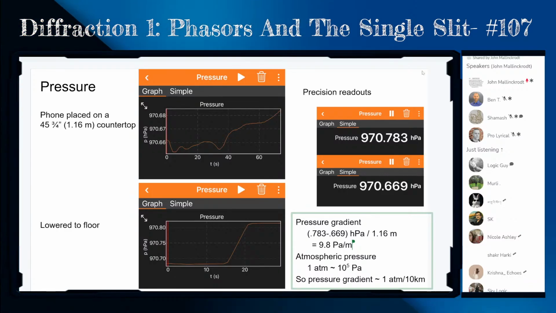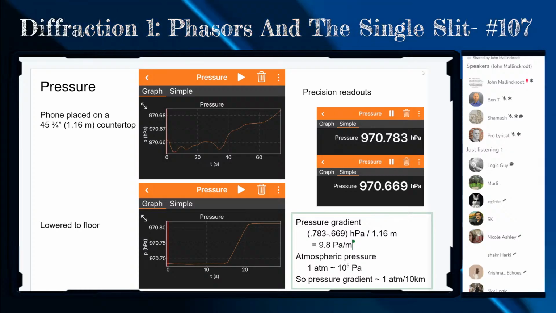If I multiply that pressure gradient by 10 to the 4th meters, I get about 1 atmosphere. And that means that near sea level... Which is the thickness of the atmosphere, right? So this is the effective thickness of 1,000 kilometers.